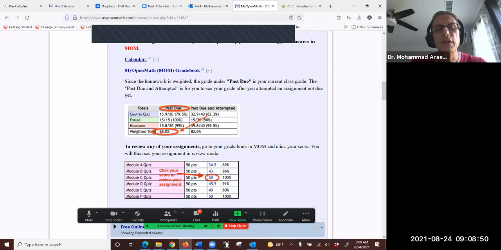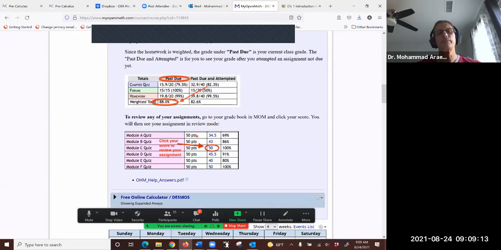This is the current grade. Ultimately, these two become identical after the course is over, because over here, this is the one that has been done and they are past due and there's nothing you can do about it. Over here, there are more homework coming up. That's why this will be less than that unless the course is completely finished, then they are identical.